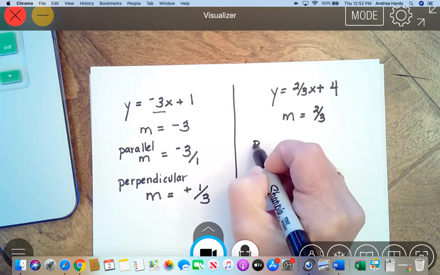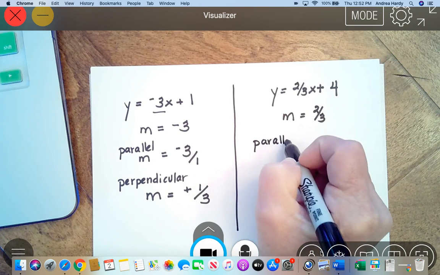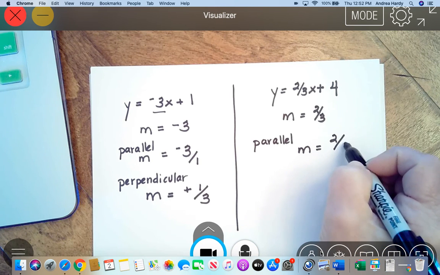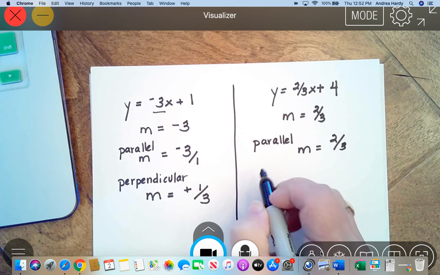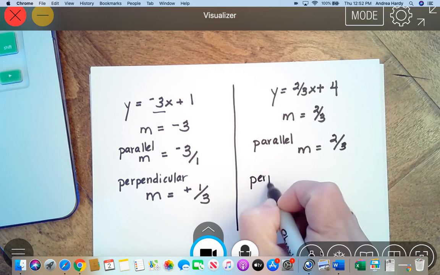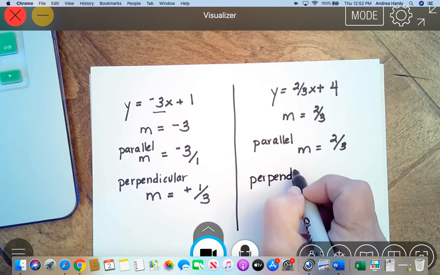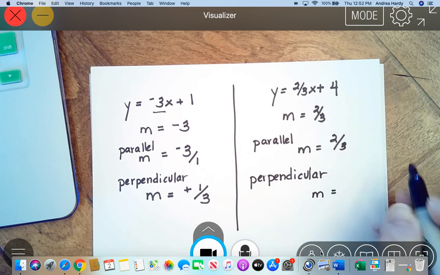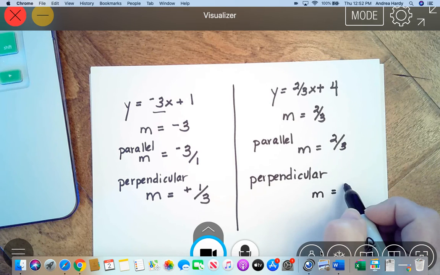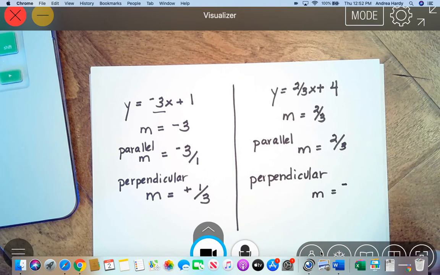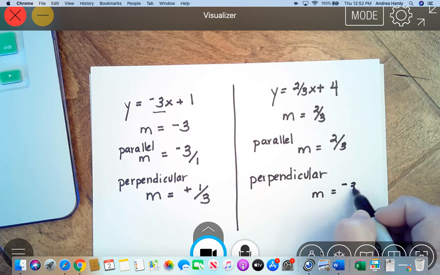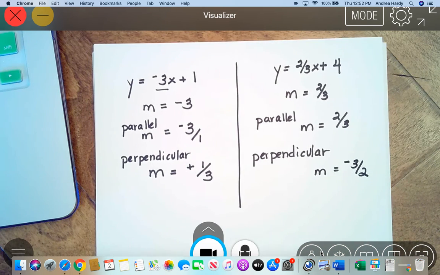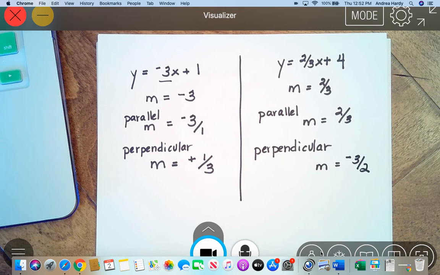A parallel slope is going to be the exact same, 2/3. Perpendicular, I'm going to switch the sign. This one's positive, so my perpendicular slope will be negative, and I'm going to flip it, 3 over 2. That's all I'm asking you to do today, okay?